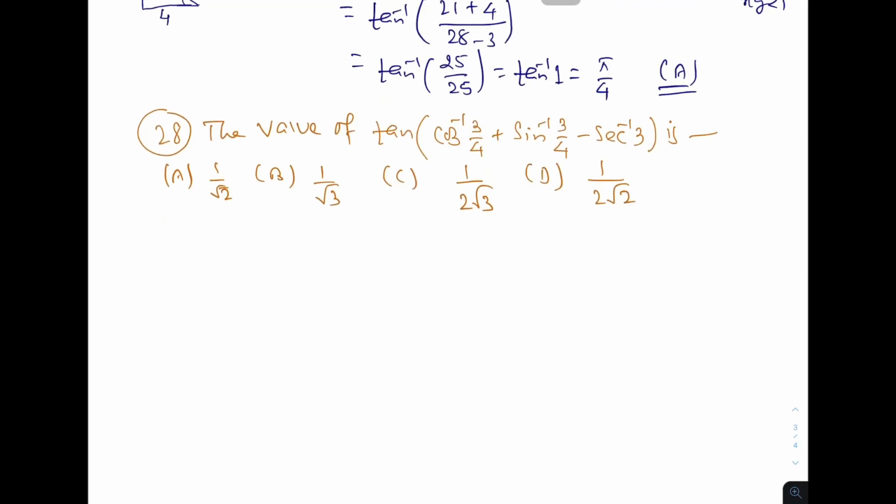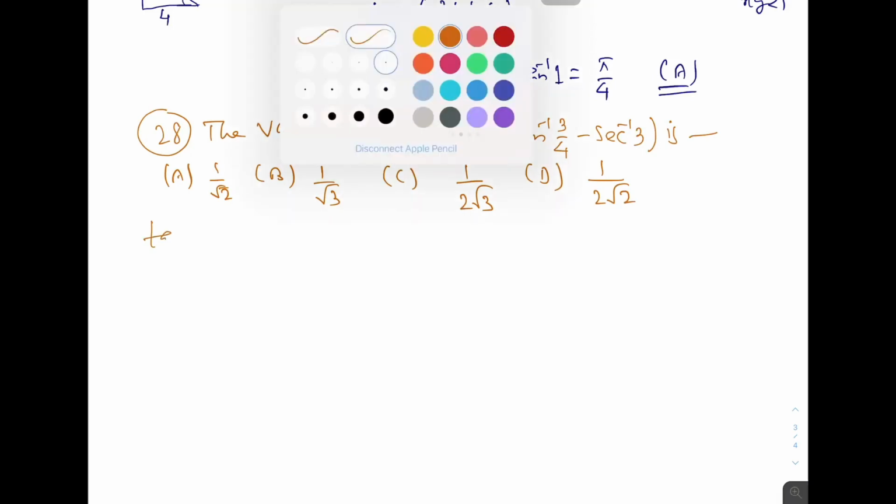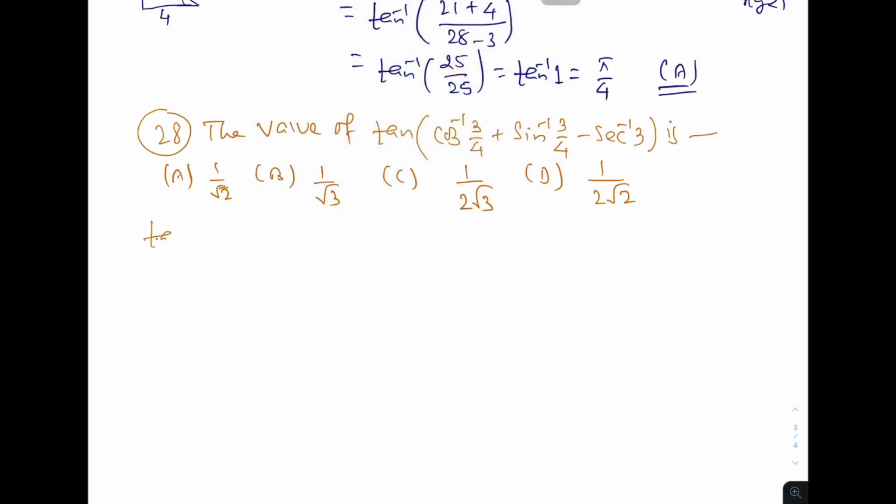So now this is tan of cosine inverse 3 by 4 plus sine inverse 3 by 4 minus sec inverse 3. But this we know, cosine inverse 3 by 4 plus sine inverse 3 by 4 is pi by 2.